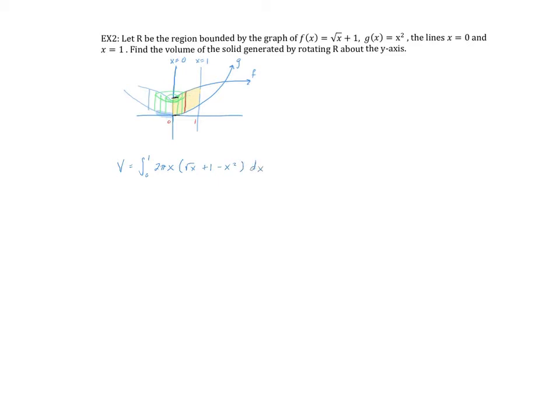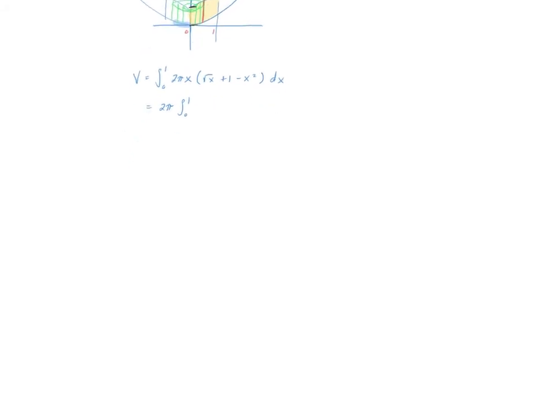So it looks like I can pull out the 2 pi. And then I'll go ahead and distribute the x and see what this looks like. So when I distribute the x, this becomes x to the 3 halves plus x minus x to the third. Okay, well, this one's not too bad.